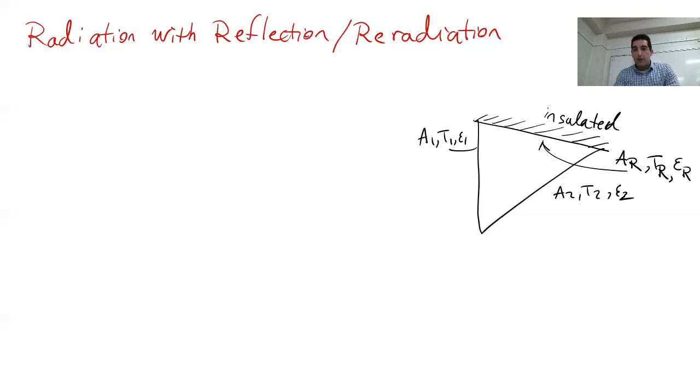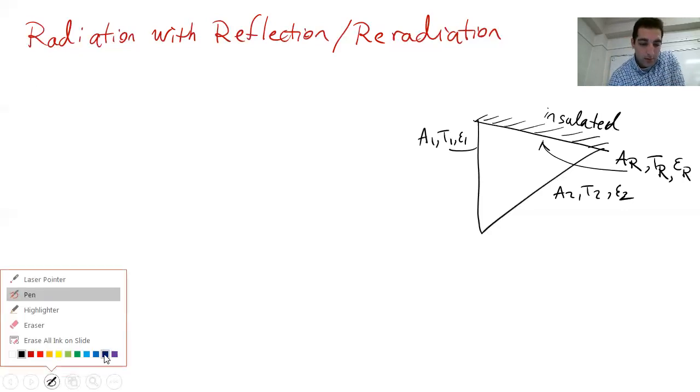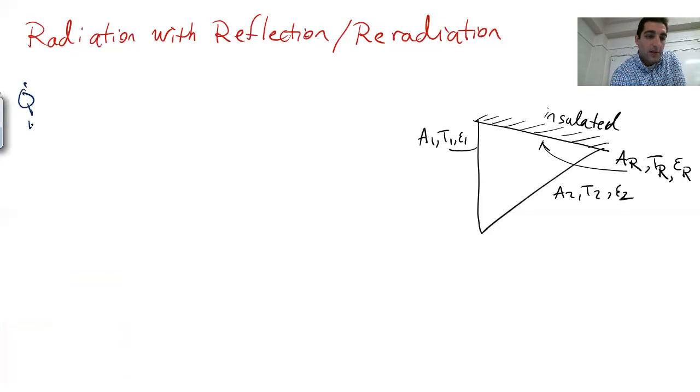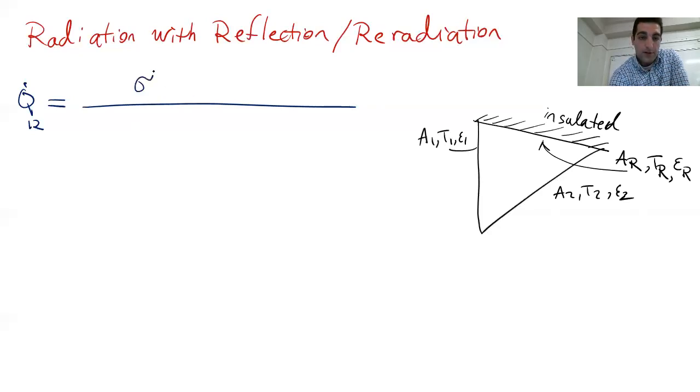Now, first let me write the final equation, and let's reverse engineer it. So if you're looking for the net rate from surface 1 to surface 2, Q1 to 2, I have on the numerator, of course, the difference between the emissive powers, which is T1 to the 4 minus T2 to the 4, because I'm going to find the net rate between surface 1 and 2.